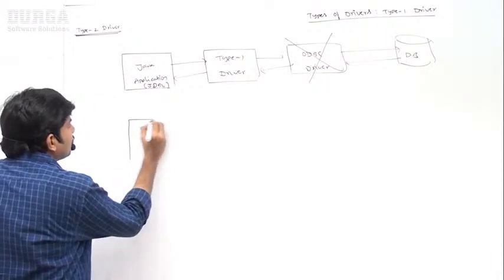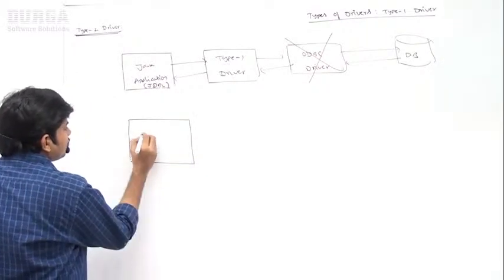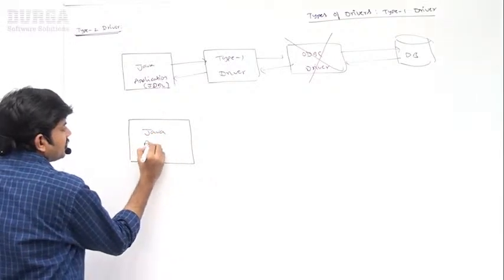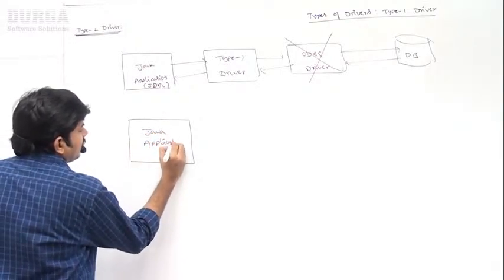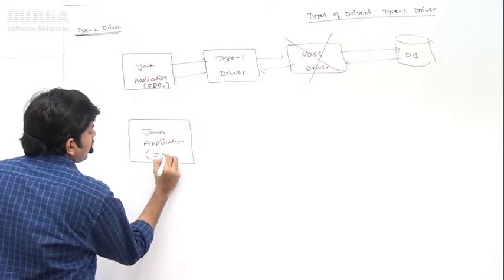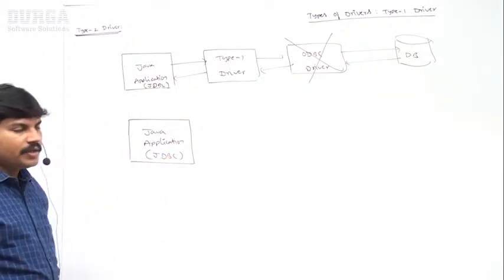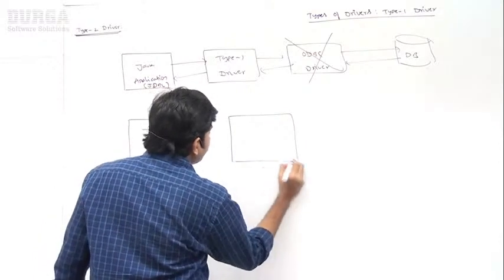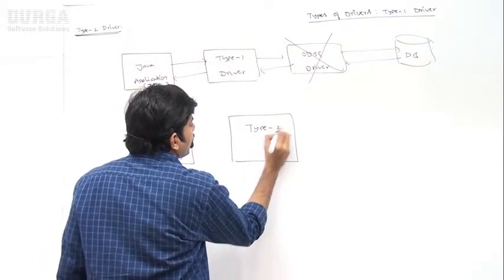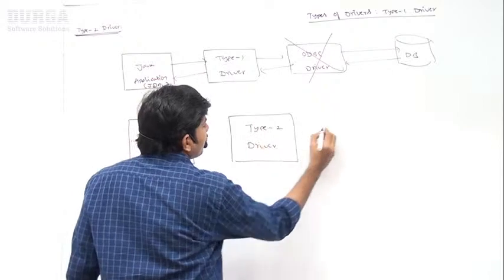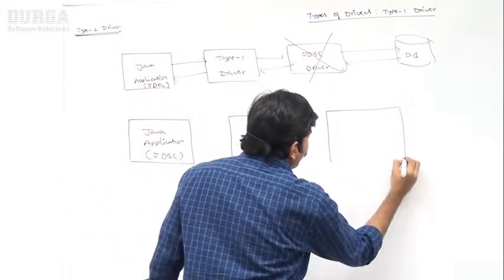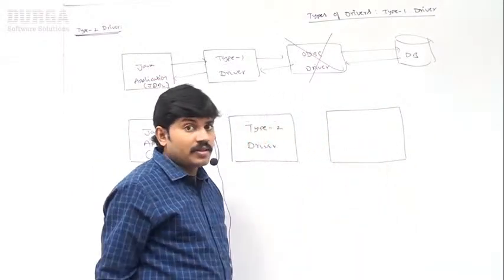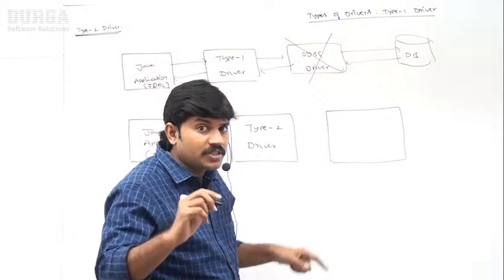Here, this is my Java application. Next, internally it will use JDBC. This Java application communicates with the type 2 driver, right? Sir, here on the client machine we require to install, okay, this is very important, the ODBC part replaced with what?